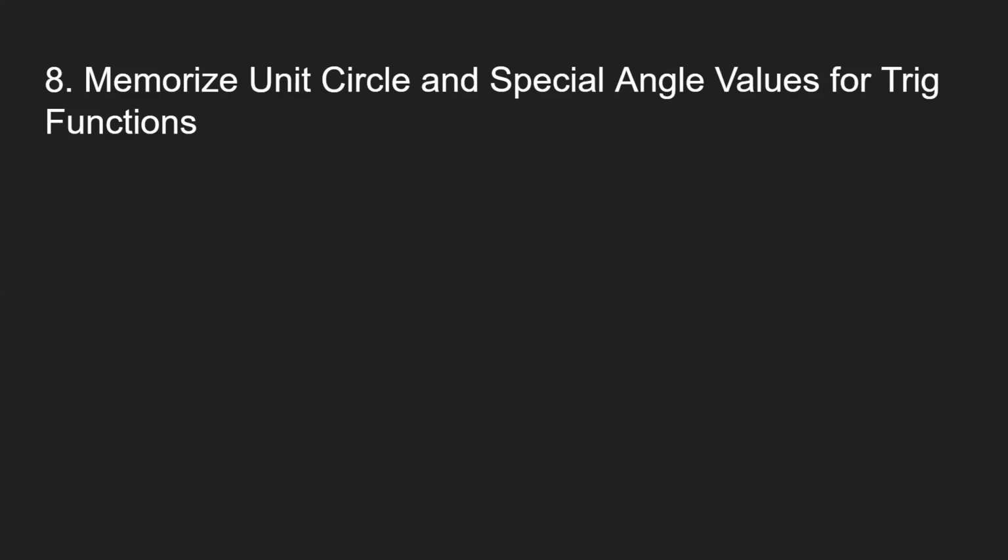What I would encourage you to do is memorize the first quadrant special values for trig functions as reference angles, and also the coordinate points like pi over 2, pi, 3 pi over 2, and 2 pi. Okay, I did make a separate video on how to memorize the unit circle, so you could check that out as well.